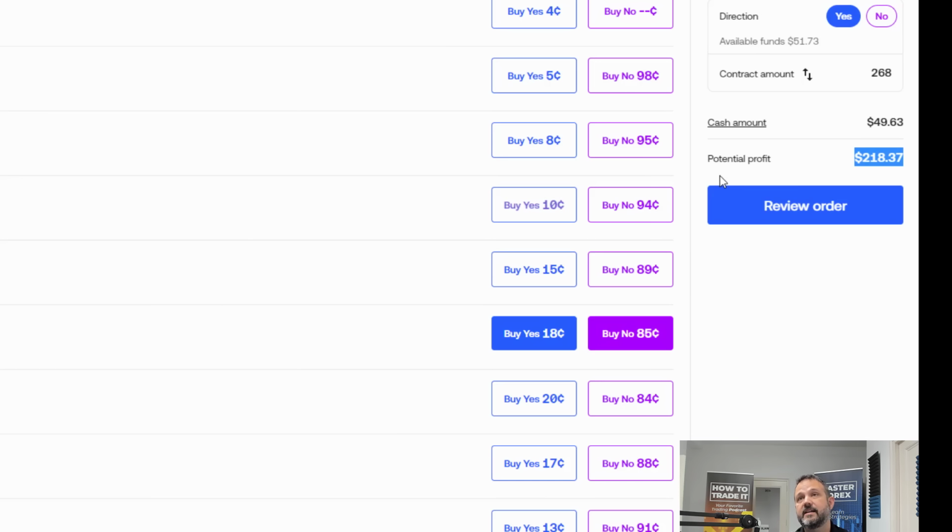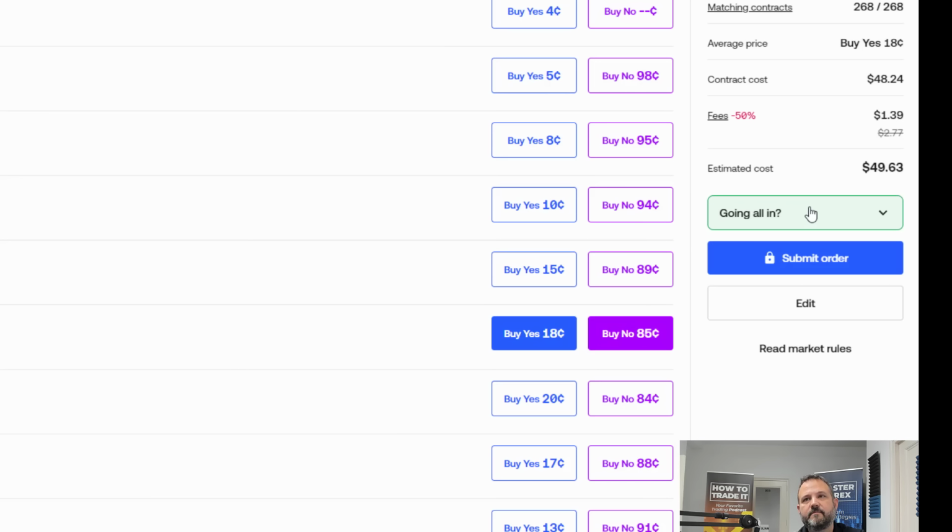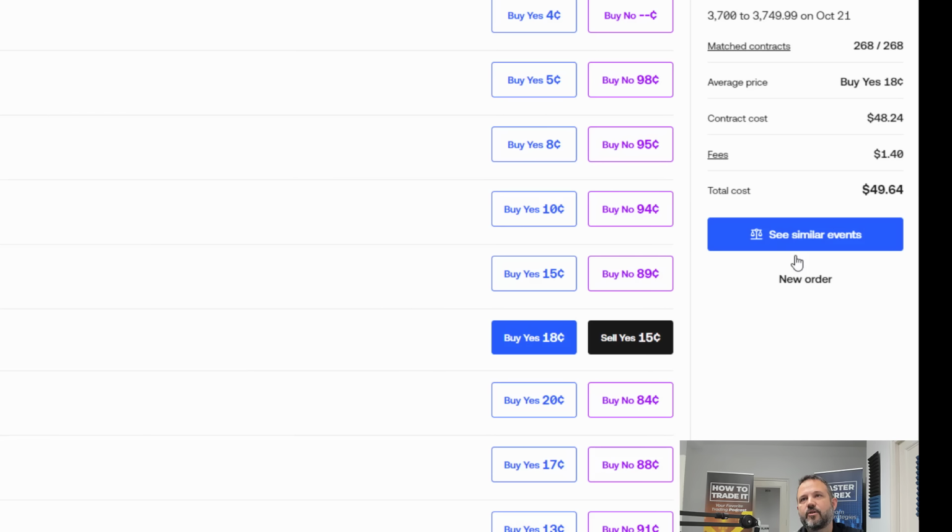Trading is very risky. You can't invest any money that you can't afford to lose, but this is a strategy. I'm trying to do this on a weekly, and you can always close out early. So if this starts to move in my direction and I've got a good profit, I can always close it out. So we're going to go ahead and review my order here, and I'm going to just click yes, submit order, and we place the order, and the order has been done. So I have 268 contracts.